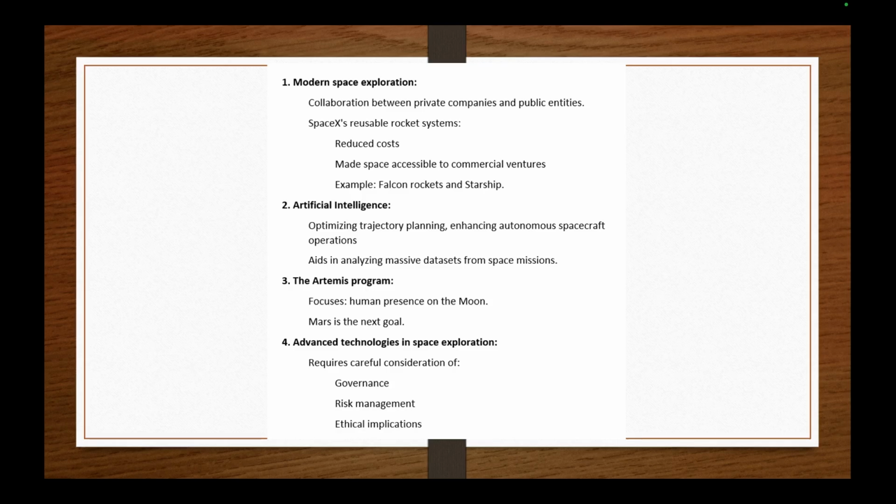Now, let's talk about artificial intelligence: optimizing trajectory planning, enhancing autonomous spacecraft operations, aids in analyzing massive datasets from space missions. Third is the Artemis program. It focuses on human presence on the moon, and the next goal happens to be Mars. And the fourth is advanced technologies in space exploration. Now, it requires careful consideration of governance, risk management, and ethical implications.